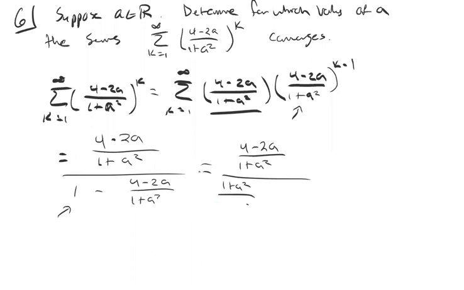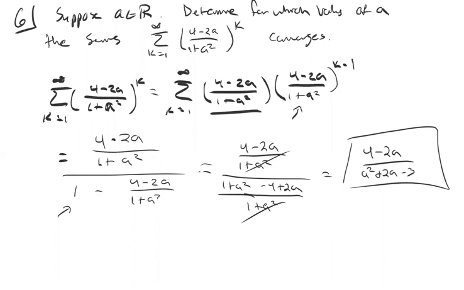And I'll go ahead and write this as one fraction: 1 plus a squared minus 4 plus 2a. But now we can cancel these denominators, and we're left with 4 minus 2a over 1 minus 4 is minus 3. So that's a squared plus 2a minus 3. And that's about as simple as I want to put it.